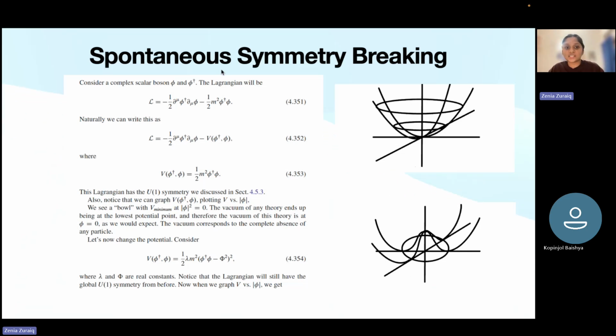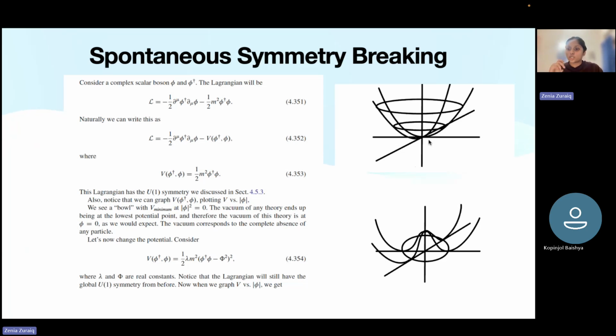Not every field has this nice behavior where the minimum is at one point. There are theories that we write for the particles, as you'll see, where the minimum actually comes out to be a whole circle of things, and that makes the system have this tendency that, by evolution itself, by energy minimization, it will choose one vacuum out of the degenerate vacua, and that will break the symmetry of the system.